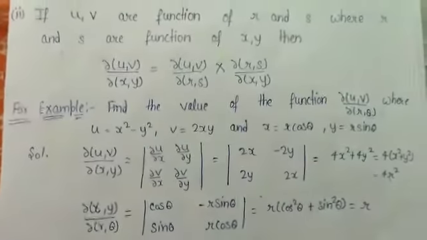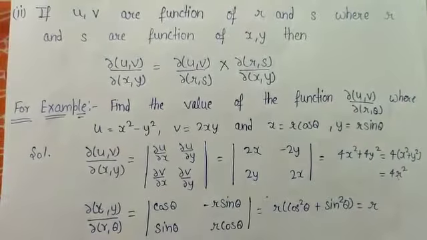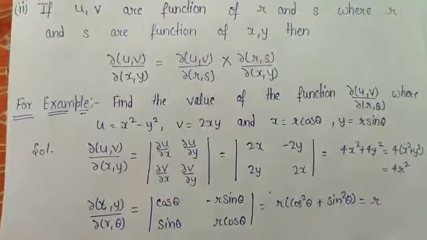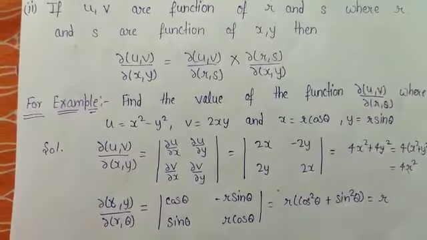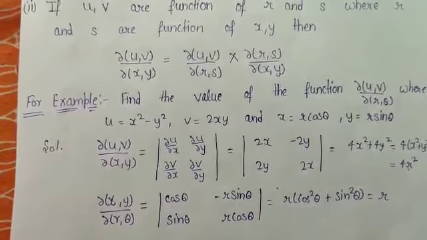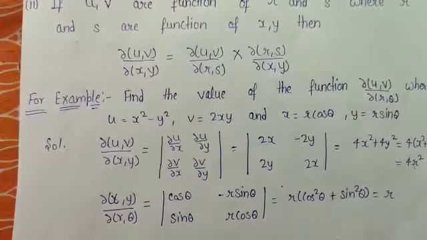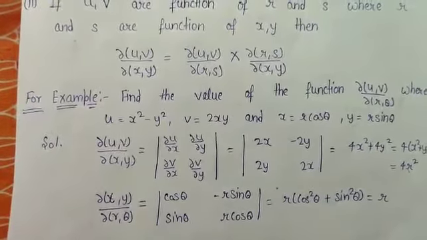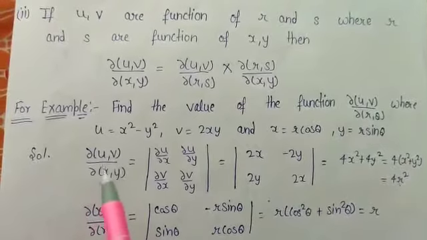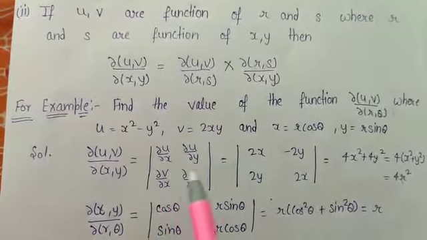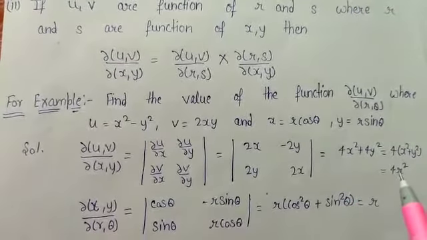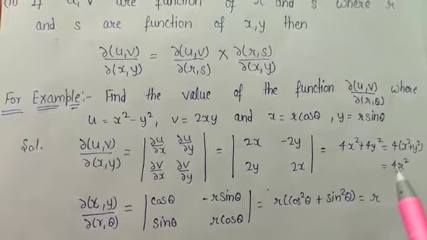For example, find the value of the Jacobian of u, v with respect to r, theta, where u is equal to x square minus y square, v is equal to 2xy and x is equal to r cos theta, y is equal to r sin theta. To find Jacobian of u, v with respect to r, theta, we have to first find Jacobian of u, v with respect to x, y, and this is given by this determinant. After solving this, we get Jacobian of u, v with respect to x, y is equal to 4r square.